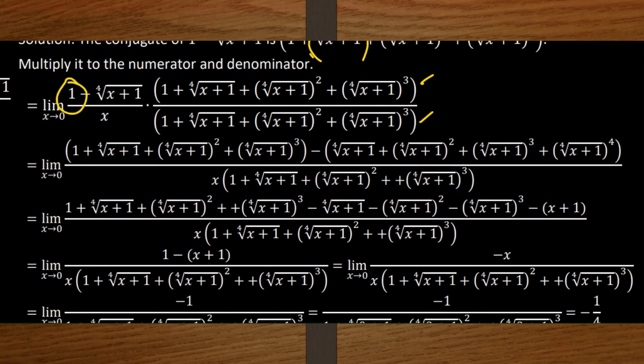Okay, then we now have the product, which is multiplying 1 to the entire quantity. So the entire quantity here will give you the quantity itself.